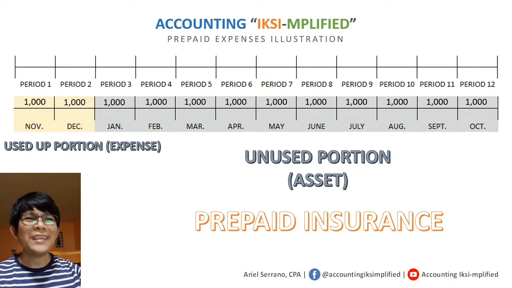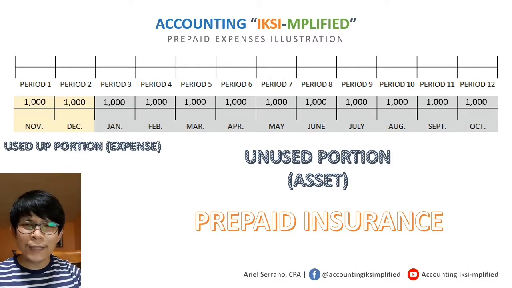This is how we do it. Now, the question is, how about the adjusting entry? Since we are talking about adjusting entries, how do we record in the journal the entries for the adjustments?